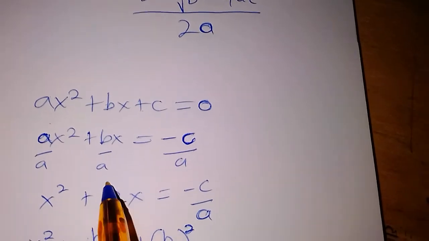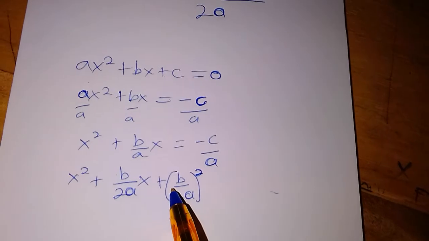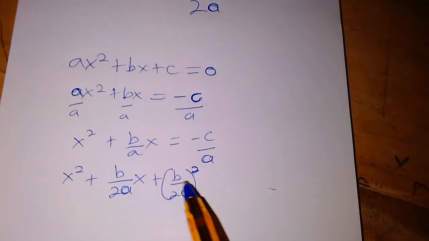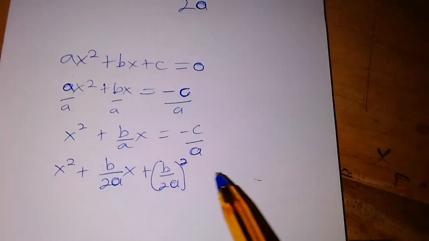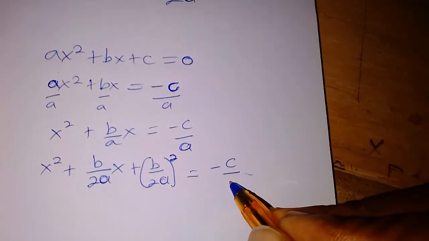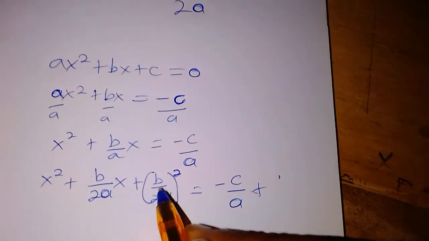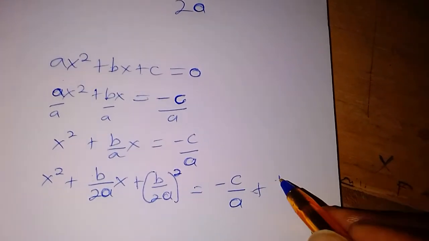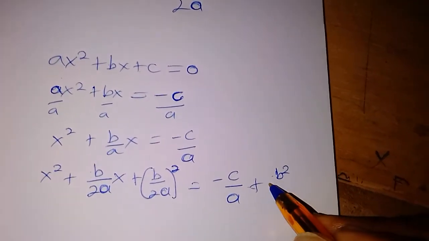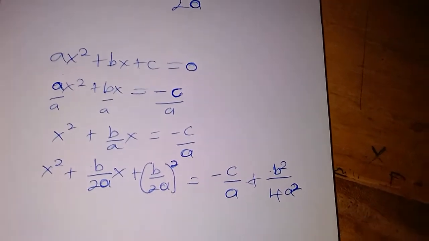We add it here, then we add it here too. So you have equal to minus c over a plus b over 2a all squared, which is b squared over 4a squared.